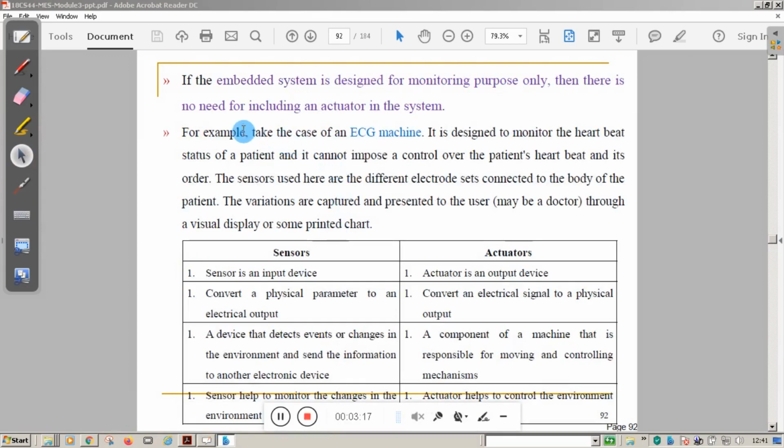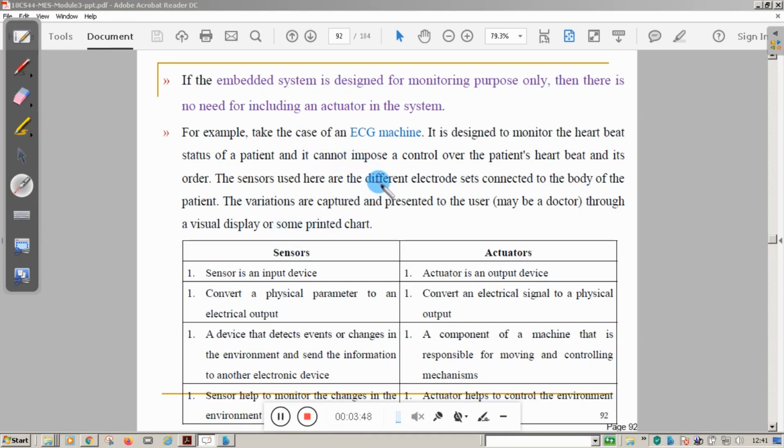Now, the embedded system which is designed for monitoring can only monitor, and cannot make changes in the system variable. For example, you have an ECG machine. It is designed to monitor the heartbeat status of the patient, and contains a set of electrodes. All these electrodes are connected to the body of the patient, and variation in the particular parameter will be captured by the sensor and presented through the display to the doctor.